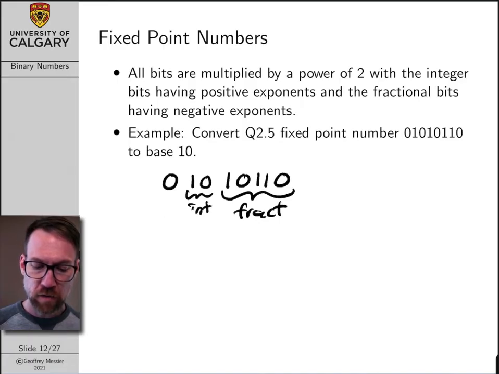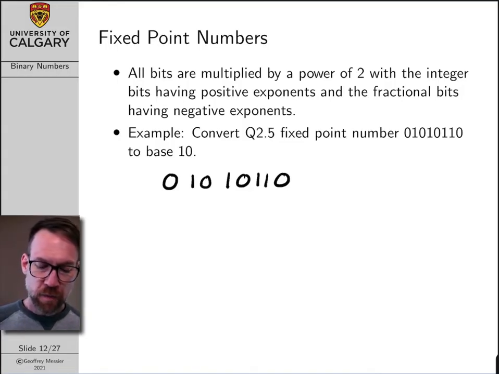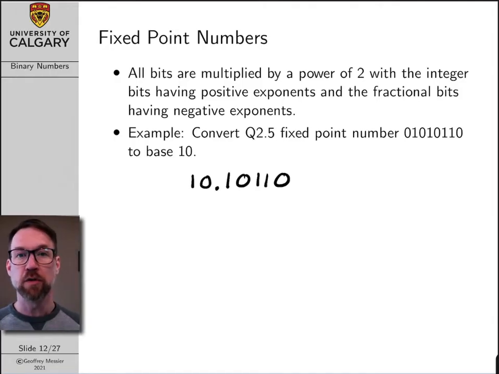And just like in 2's complement, a sign bit of 0 means a positive number, a sign bit of 1 means a negative number. We'll get to negative fixed point numbers in a second. We know that the number is positive, so we can discount that first bit. I'm going to put in the binary point just for reference.